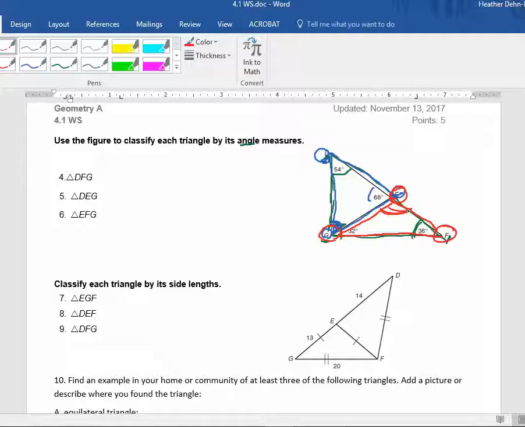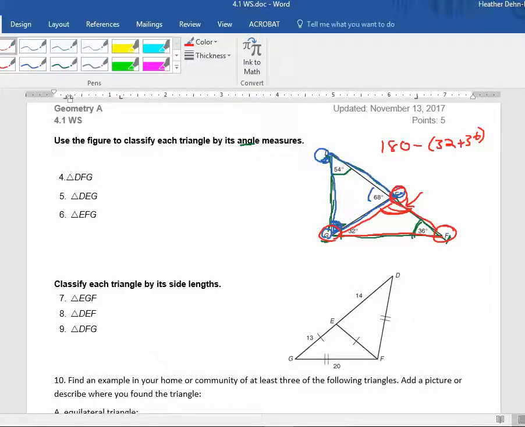So we might need to find that missing angle to determine if this is acute or obtuse. So you would just take 180 and subtract the other angles. So I think that said 32 and that was 36. So add the 32 and 36 together and then subtract that from 180 to find out if this is an obtuse angle, which is greater than 90, or acute, which would be less than 90.